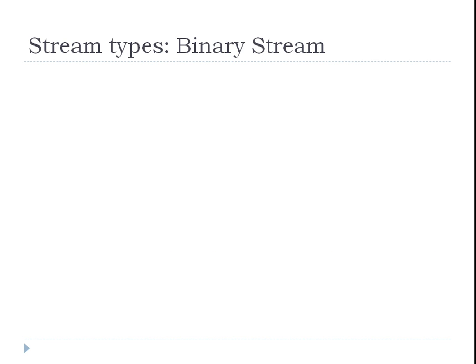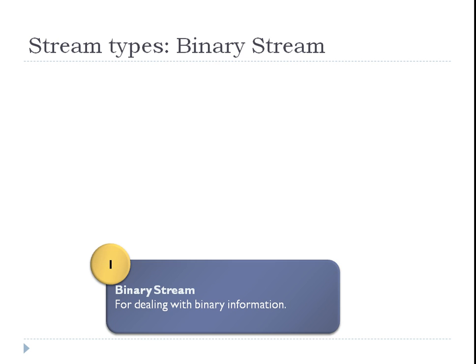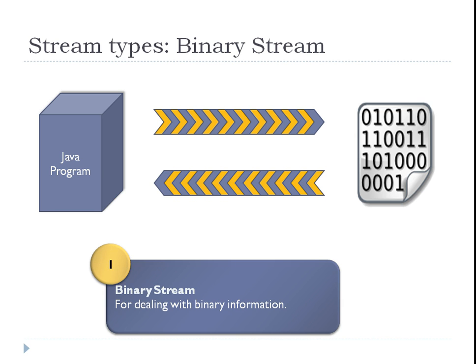So far we have divided streams into two categories: input stream through which we read, and output stream through which we write. Now there is one more category of streams. The first one is the binary stream. This category is based on the type of information flowing through a stream.